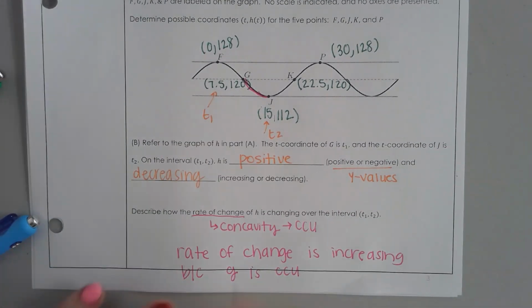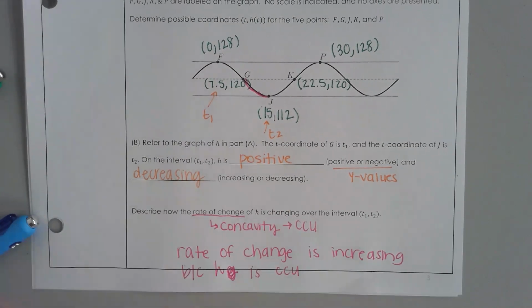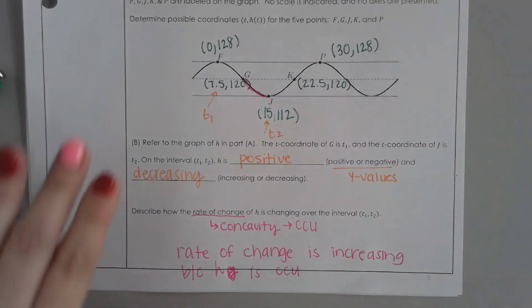If it's concave up, your slopes are increasing, they're getting bigger. If it's concave down, your slopes are decreasing. And that's all for that.